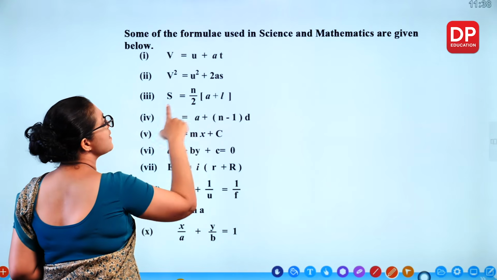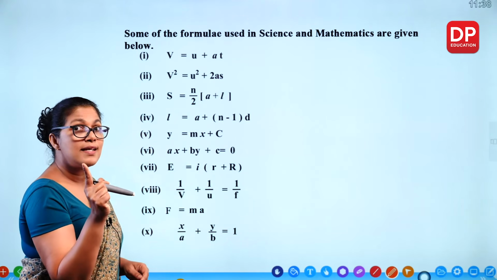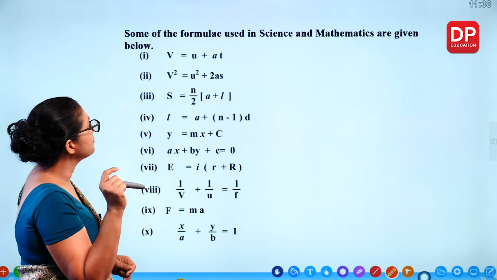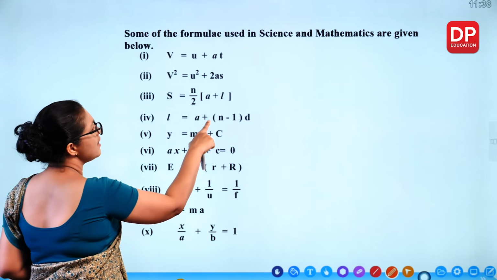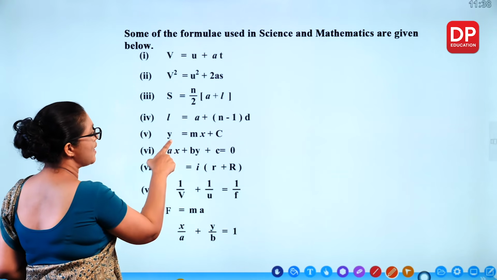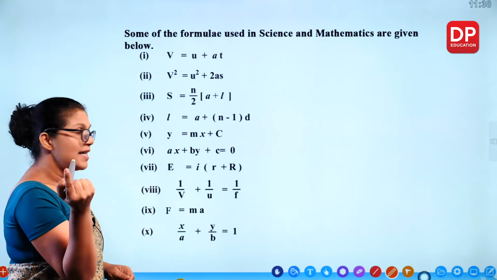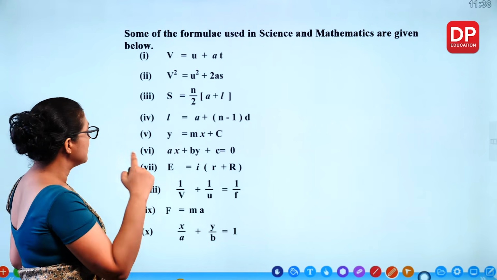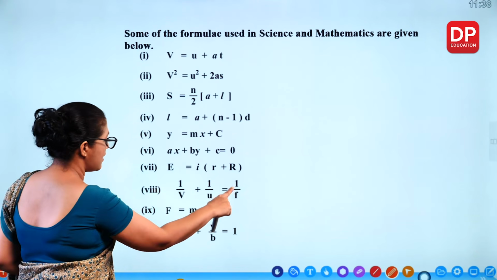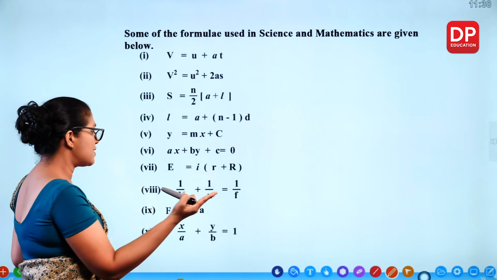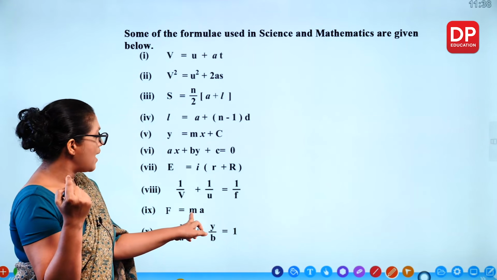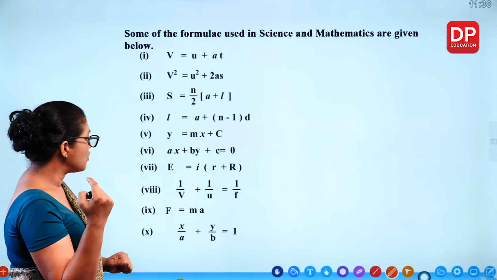N over 2 times 2A plus L. This is in sequence, number patterns. And here, this is also in number patterns. So these two are mathematics. Y equals mx plus c, equation of a straight line. So this is also a straight line. And this is related to physics. F equals ma, force and mass acceleration relationship.